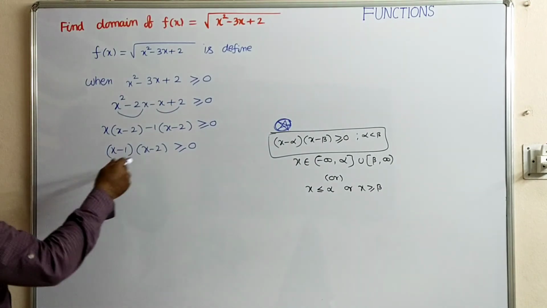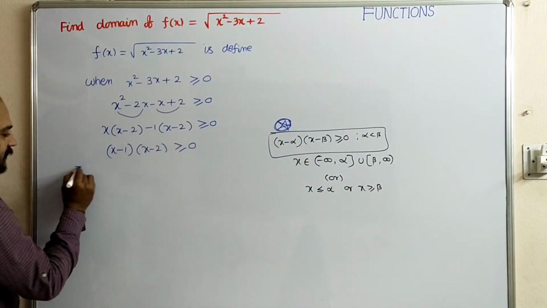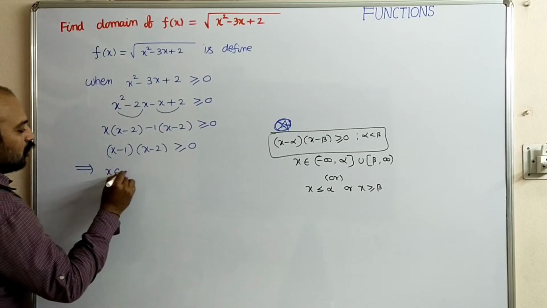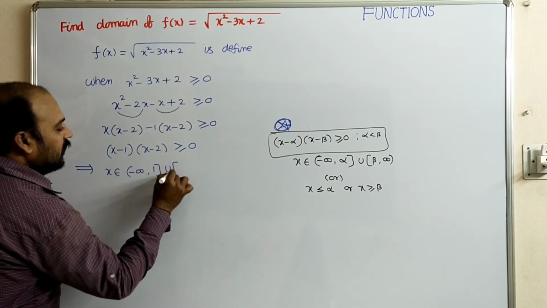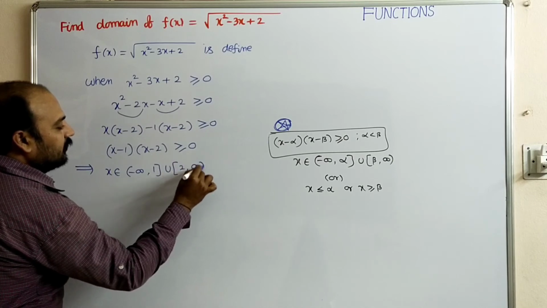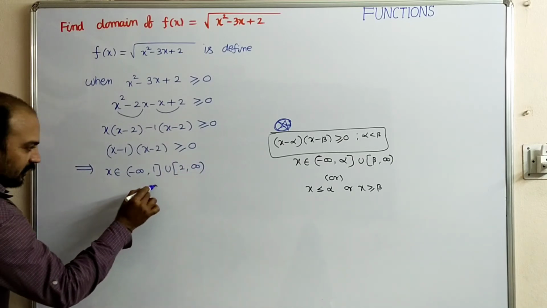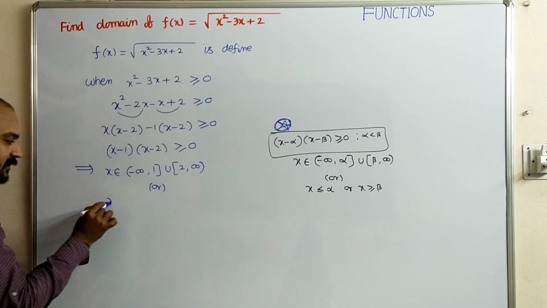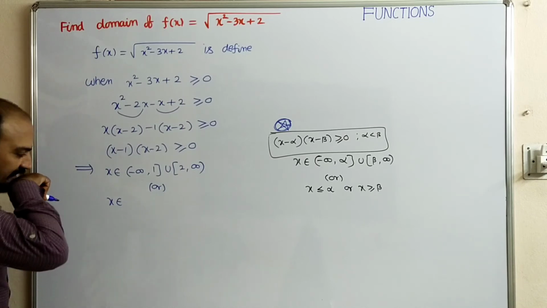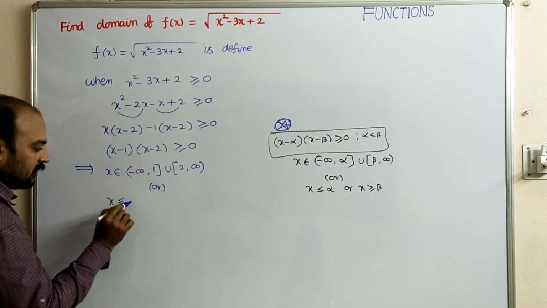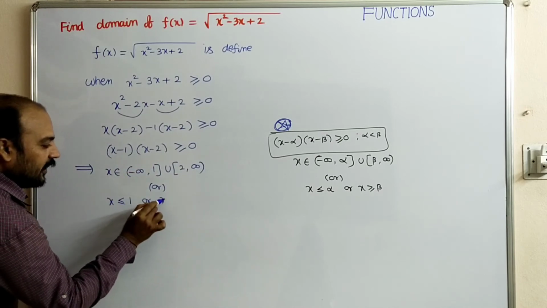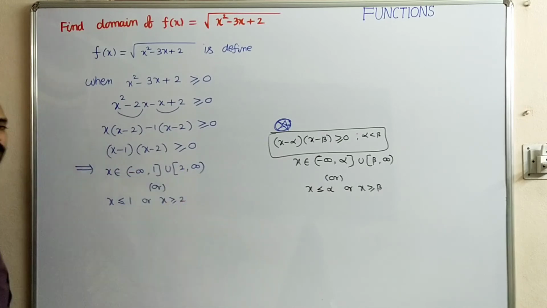So after reaching this step, you have to apply the formula. Therefore, x belongs to open interval of minus infinity to closed 1, union closed 2 to infinity. Or we can write it as x is less than or equal to 1 or x is greater than or equal to 2.